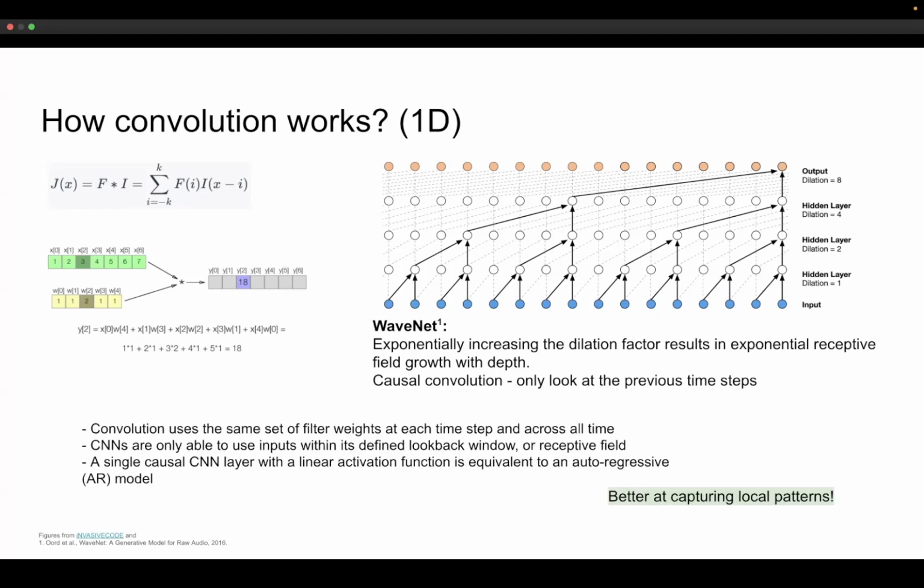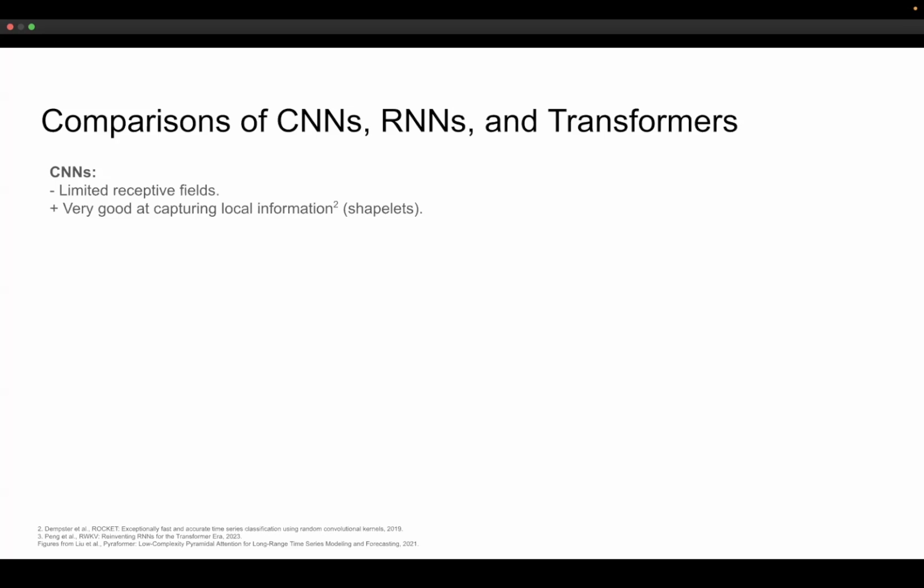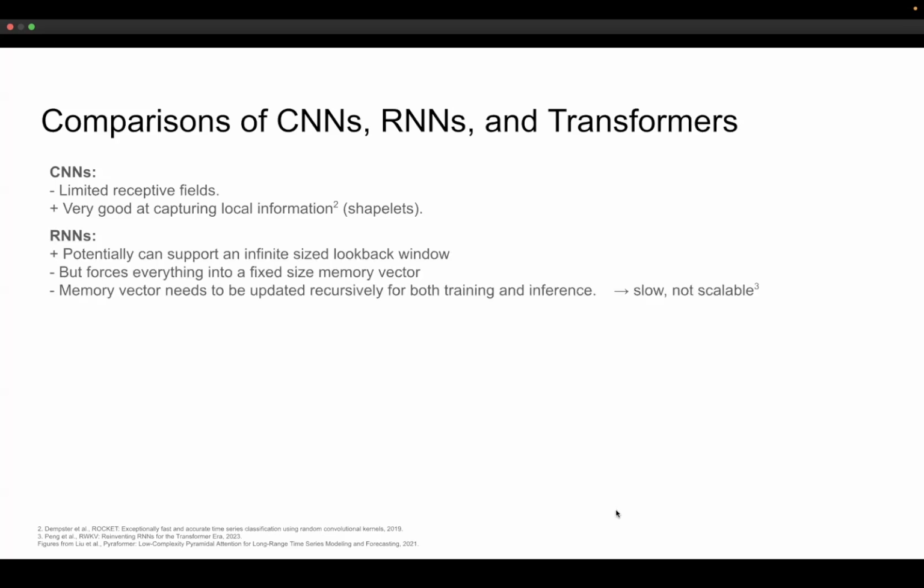If we want to look at some specific pattern, maybe there's one corresponding filter that we can apply to all the time steps without having to learn it for each of the time steps. This kind of local pattern is also known as shapelets.